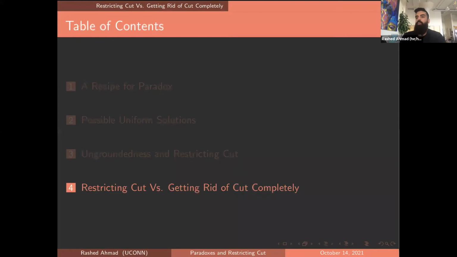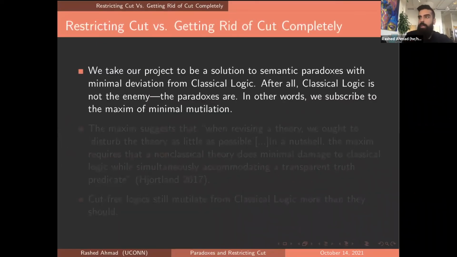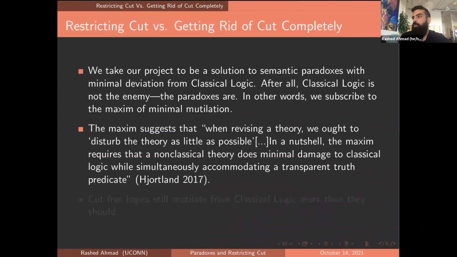All right, so why should we restrict cut instead of get rid of cut completely? So we take our project to be a solution to semantic paradoxes with minimal deviation from classical logic. After all, classical logic is not the enemy, the paradoxes are. So in other words, we subscribe to the maxim of minimal mutilation. That's from Hartry Field's tradition, which says, when revising a theory, we ought to disturb the theory as little as possible.